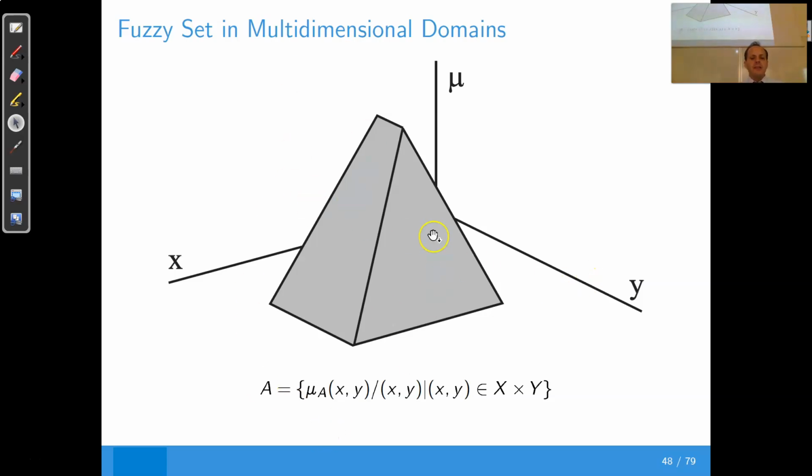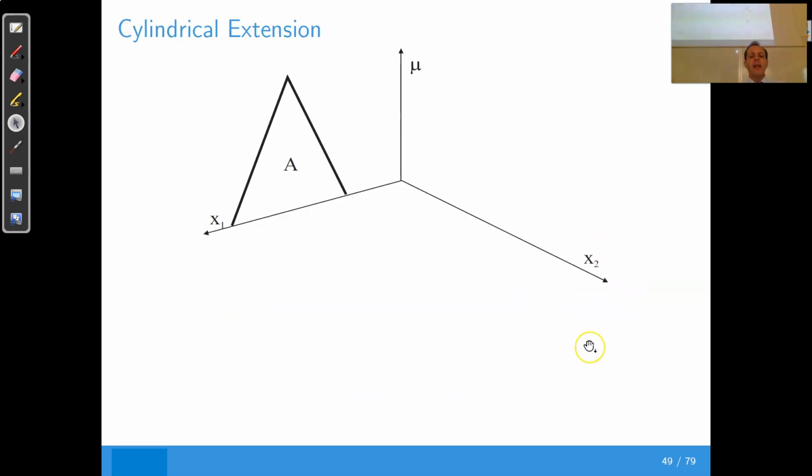So this set is defined as the 2-dimensional membership function with the inputs given by x and y, where x and y belong to the Cartesian space X and Y.